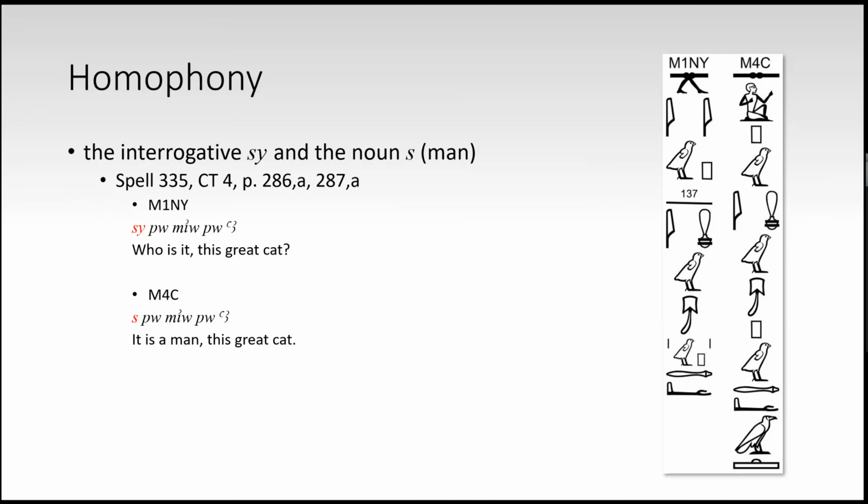But what I find rather interesting here is that it does actually show that, at least for Mer in the early 12th dynasty, the word for man was pronounced to some extent with a vowel. I'm not one to go into what vowel it was or anything like that, because I really don't have the evidence for that.